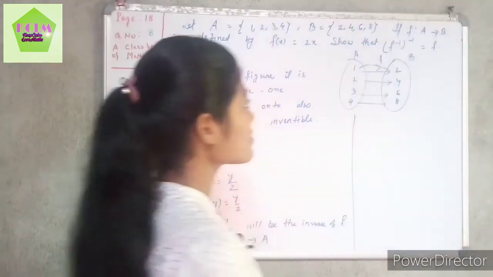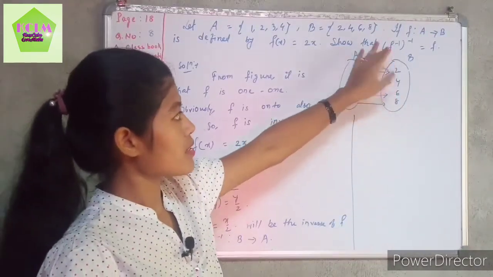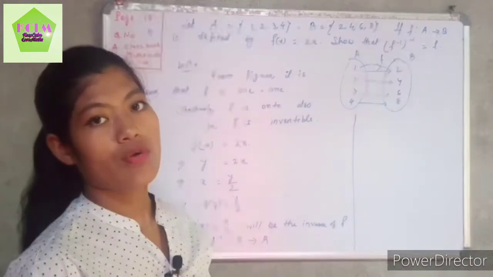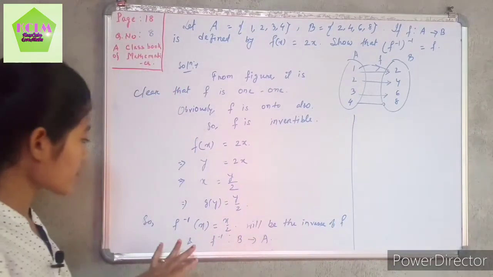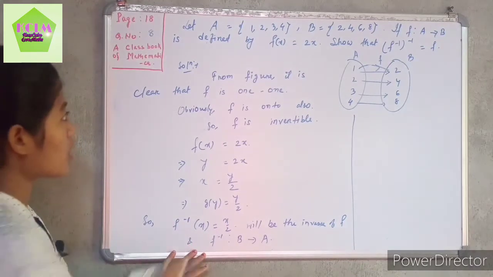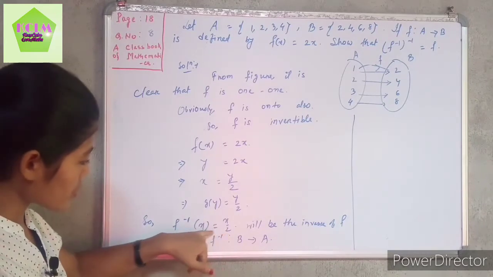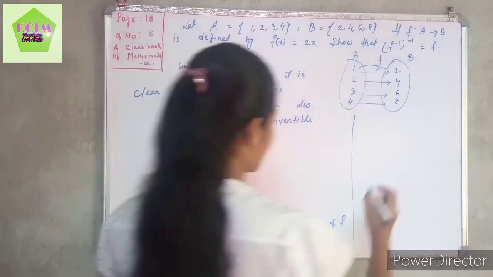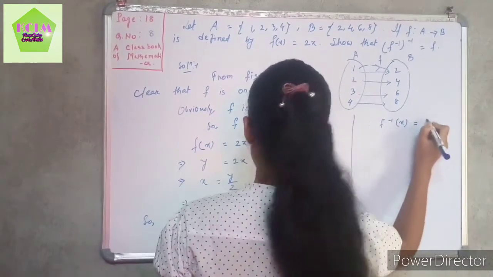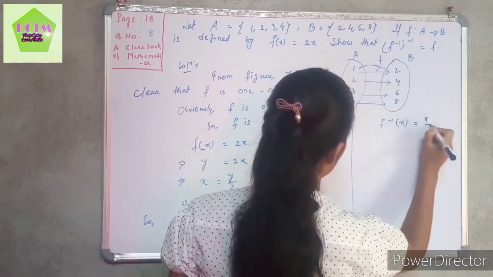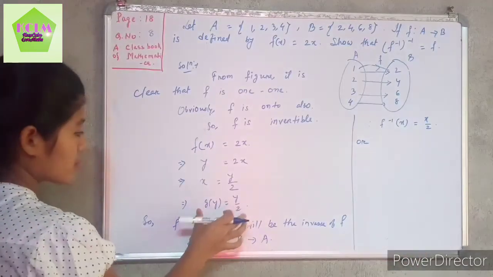But the question asks to show that the inverse of f inverse is f. This is nothing but the inverse of the inverse of f equal f itself. So first of all, we have found f inverse of this function f. Now again we will find what will be the inverse of this f inverse. Since f inverse of x equal x by 2, or we can use g of y equal y by 2, then it will be very easy.